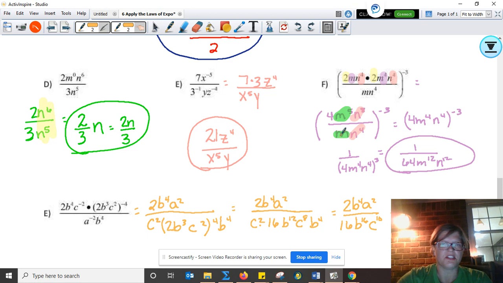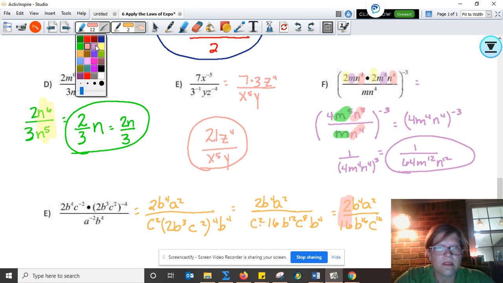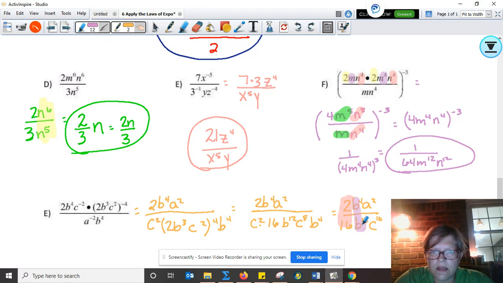All right. Now what I'm going to do is see what goes together. I'm going to get my handy dandy highlighter out. 2/16, that can be simplified. My next one is my b's. And I don't have any more a's or c's, so they're pretty much stationary. So 2 over 16 reduces to 1/8. So I'm just going to draw an 8.